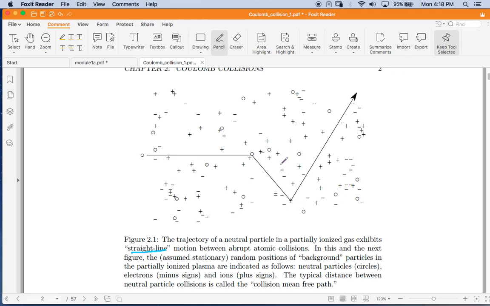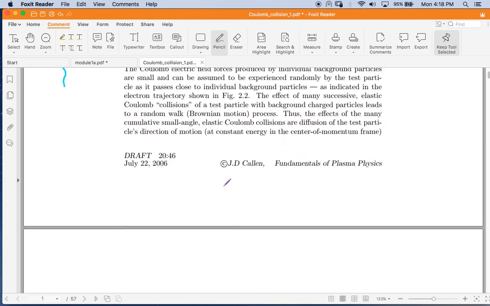I suppose this is a mistake here; this ought to have been an unfilled circle. And the typical distance between the neutral particle collisions is the collision mean free path for this kind of collision.